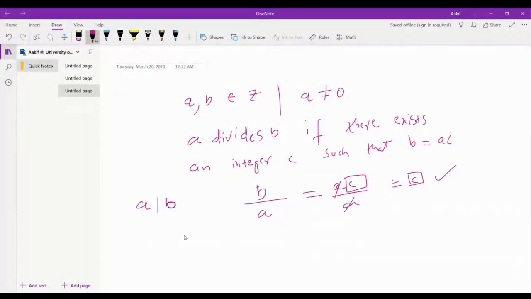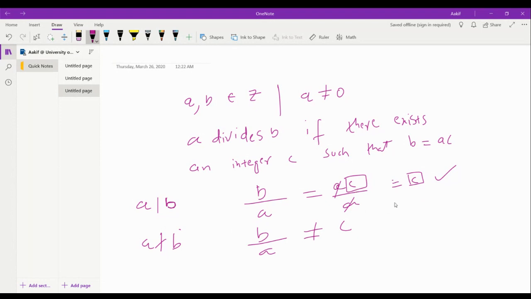The second is that if A does not divide B, then it's the case when B divided by A does not give us any multiple C.